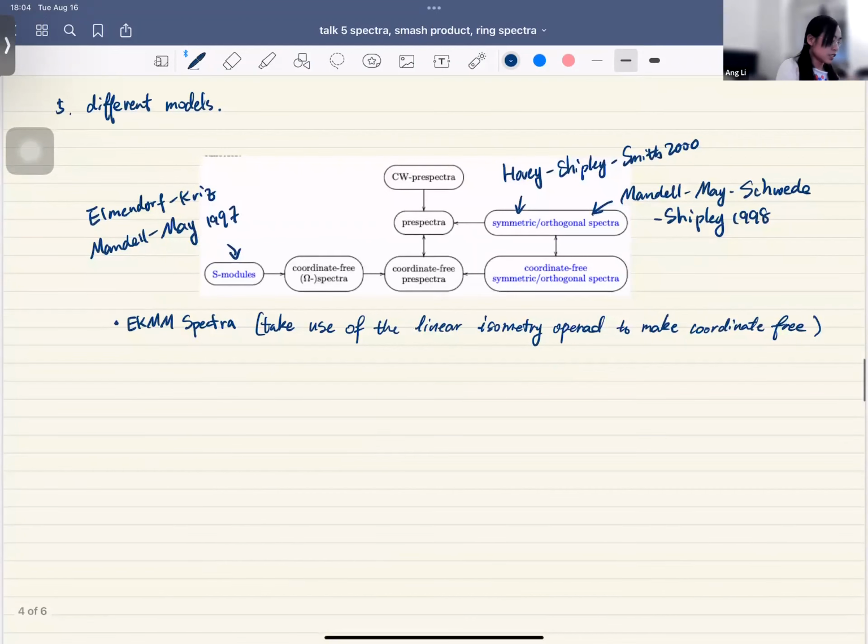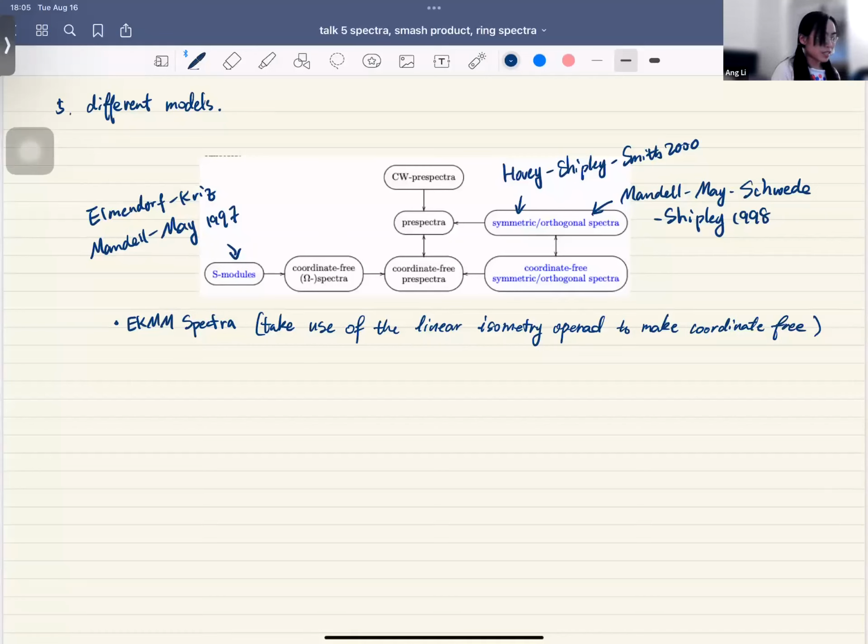So let's start with the S-modules. The idea is they make use of the linear isometry operad to make things coordinate free, so it doesn't matter which choice you make, if you still remember the abstraction for defining the smash product. For more background on operads, I think the higher algebra talk is going to cover that, but I'm not sure.